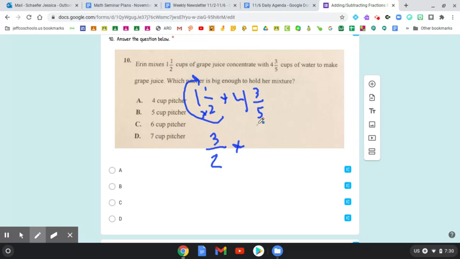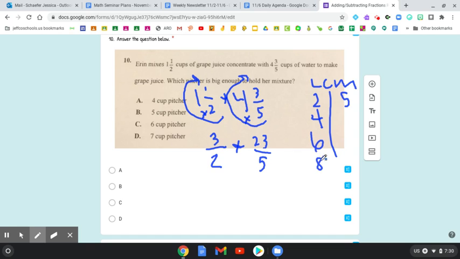And I'm going to add. I'm going to do the same thing on this one. 5 times 4 is 20, plus 3 more would be 23. Denominator stays fifths. I don't have common denominators yet, so I would do my LCM with 2 and 5. So 2, 4, 6, 8, 10. 5, 10. 10 is my LCM. So I'm going to write my denominators.